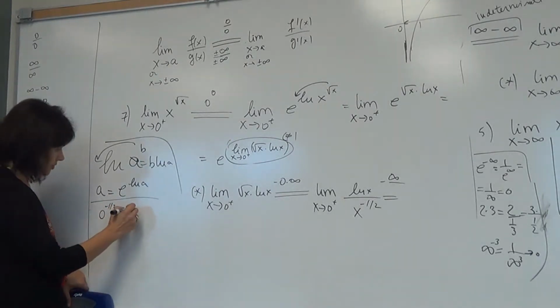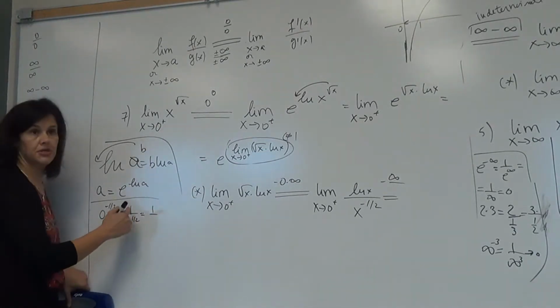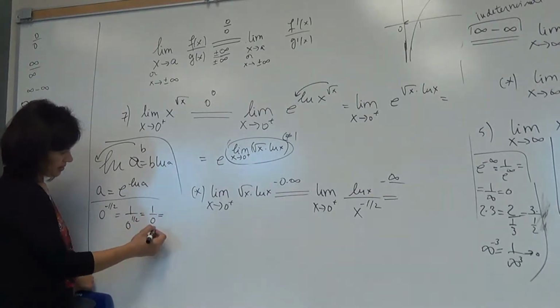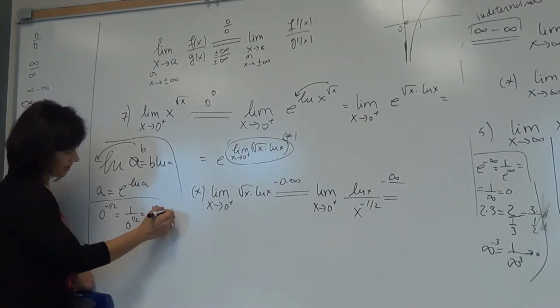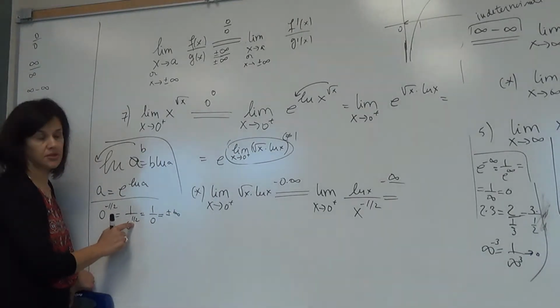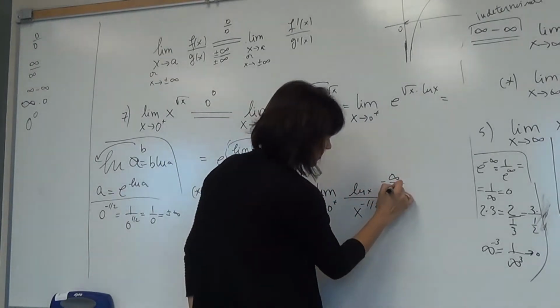If it's a negative exponent, change it to a positive. So it'll be like this: 1 over, now 0 to any positive exponent is 0. 1 over 0. And since it's plus or minus, it will be plus or minus infinity. In my case, this is a square root, so it's a positive one, so it will be positive infinity.